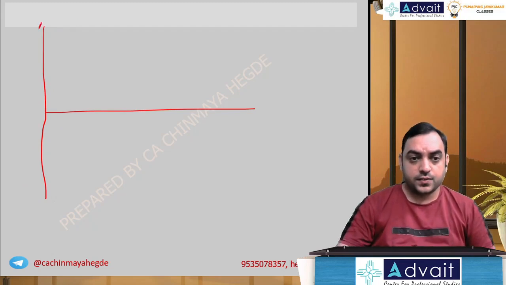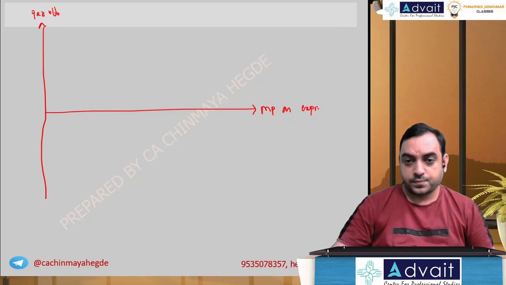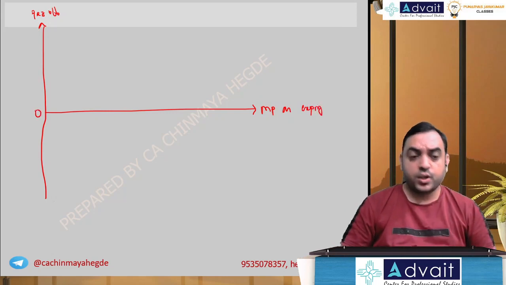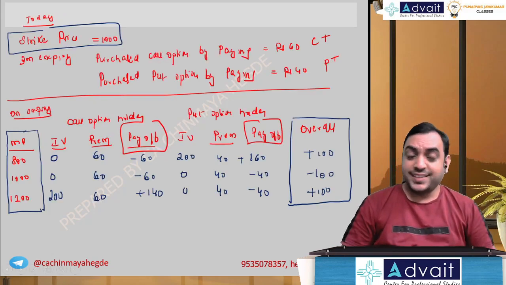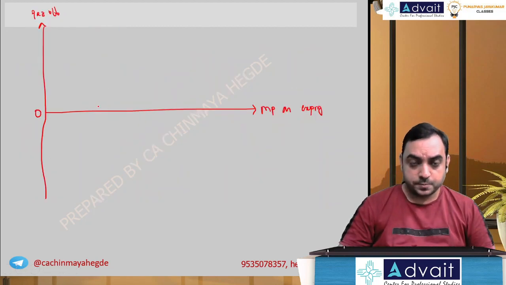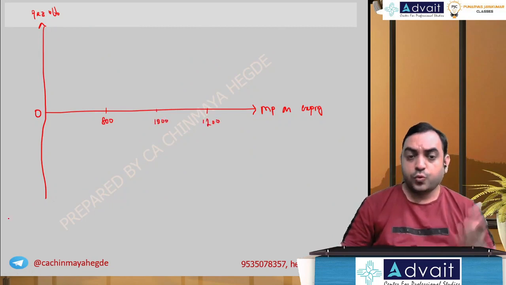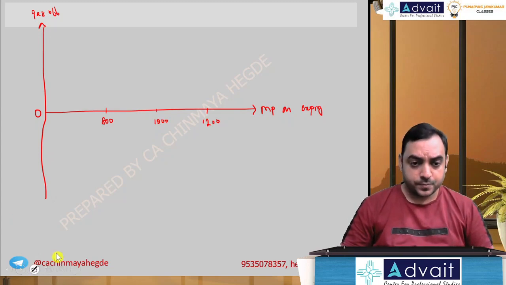On the x-axis we have payoff, and on the y-axis we have market price on expiry. I'm looking at three situations, which are 800, 1000, 1200. What are the profits or loss you are getting?